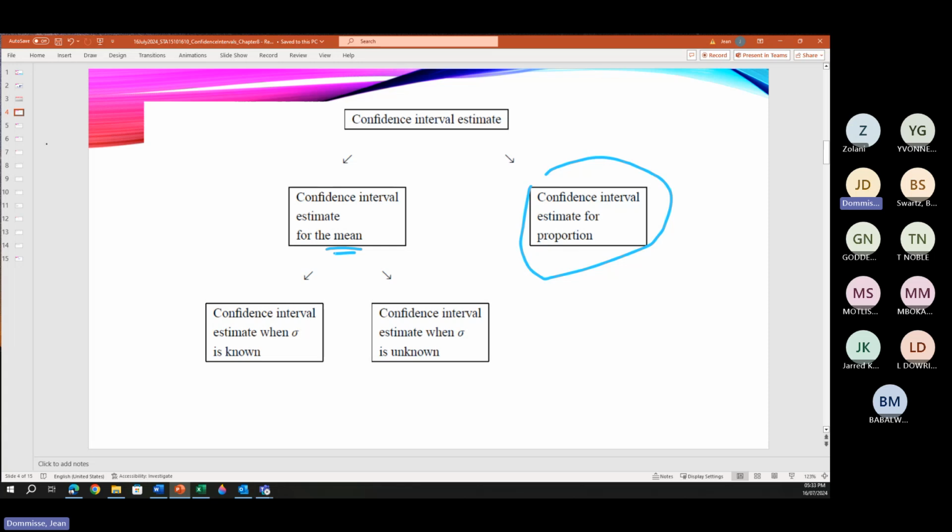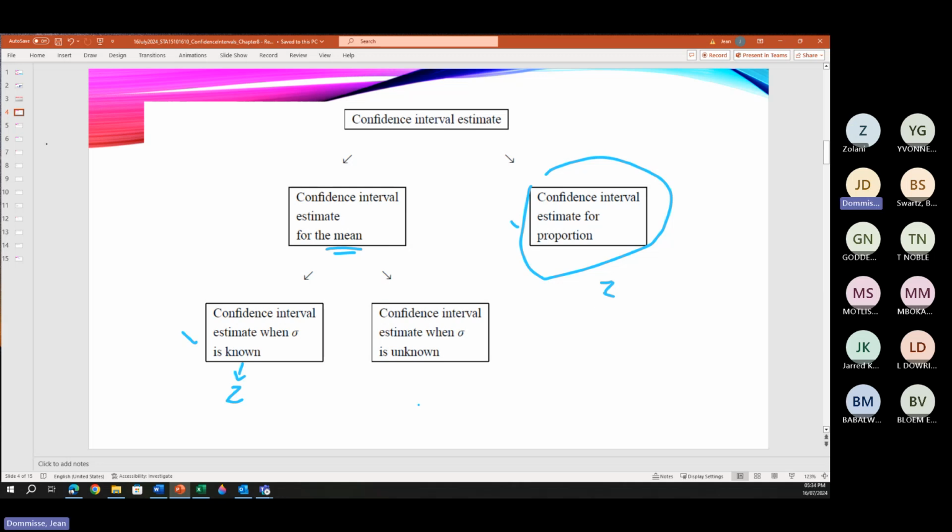And in this instance, it can happen when we know what the standard deviation is. If we know what the standard deviation is, we will use a Z. Then very simple, as in proportion, we will use a Z. Z, we know from study unit 6 what to do with a Z.